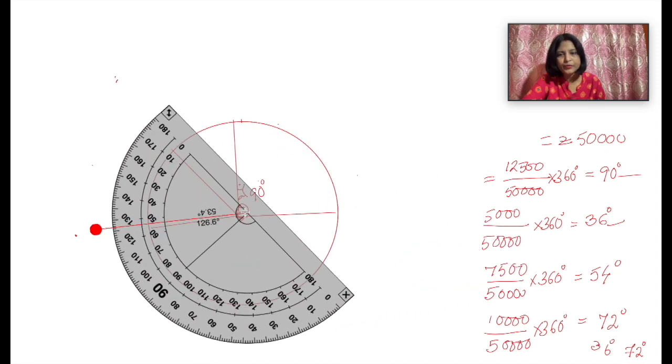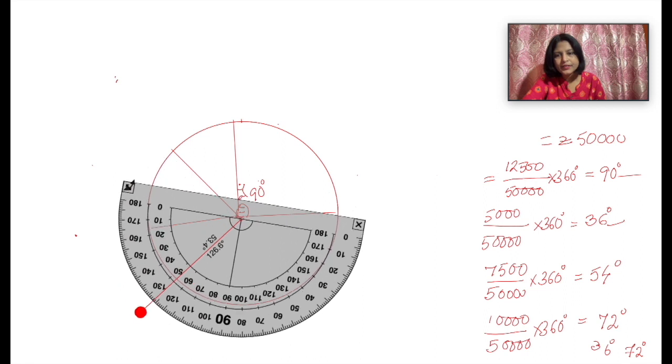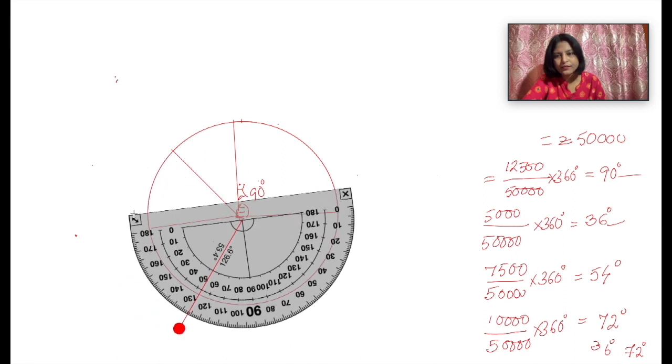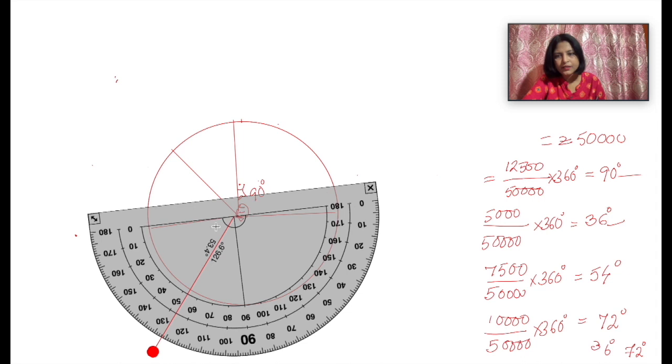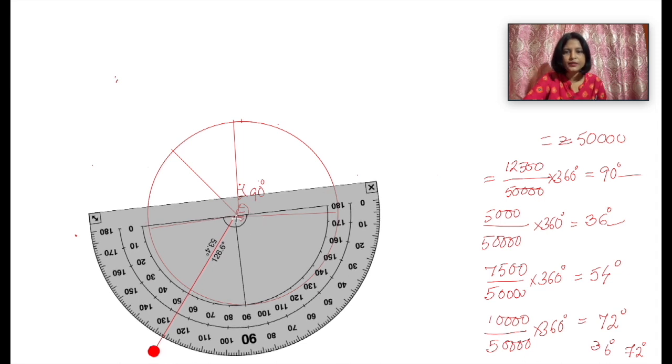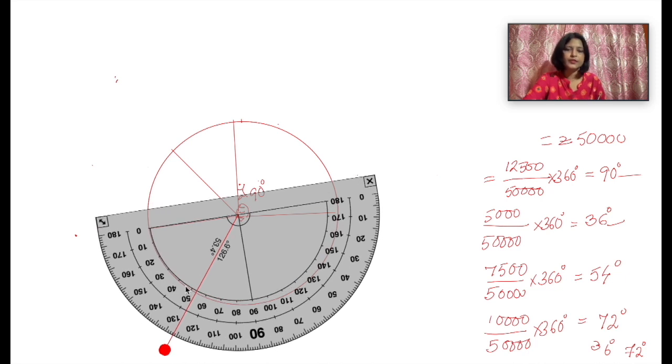Again we have to place the protector here at the center and the radius, that is one of the arms of the sector, has to coincide with the base of the protector. Okay, so now it has coincided and the other angle here I can see is 72 degree. So now 0 is on the left side of the screen, you can see this is 0 and if you go to 72 degree it has to come somewhere here.